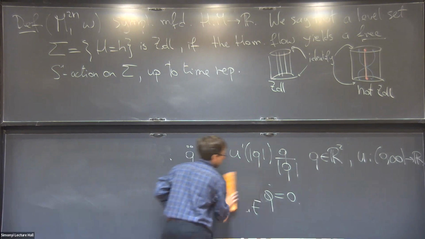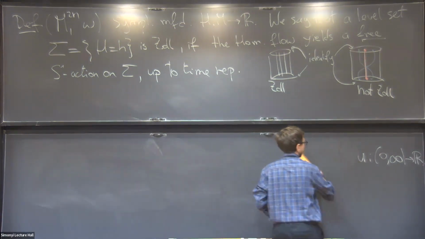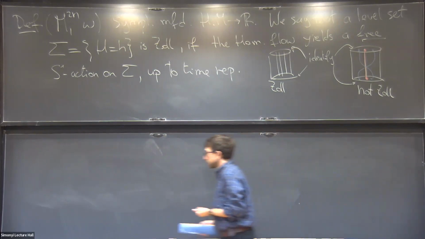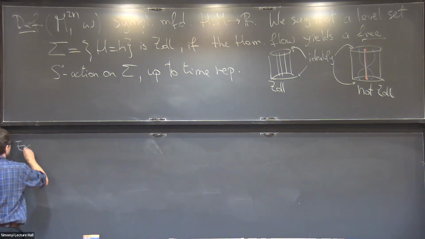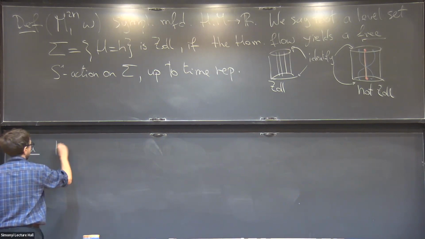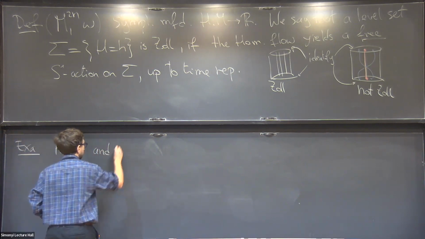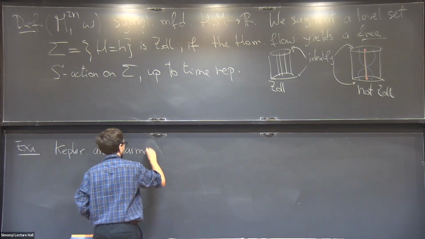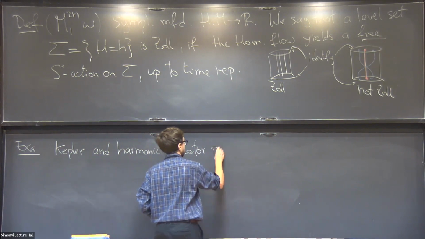which were classically known. And now the idea of the talk is to explore how much these examples are the only examples that you can find, or maybe you can have other, more flexible constructions. So the classical examples: you have the Kepler and harmonic oscillator potential.